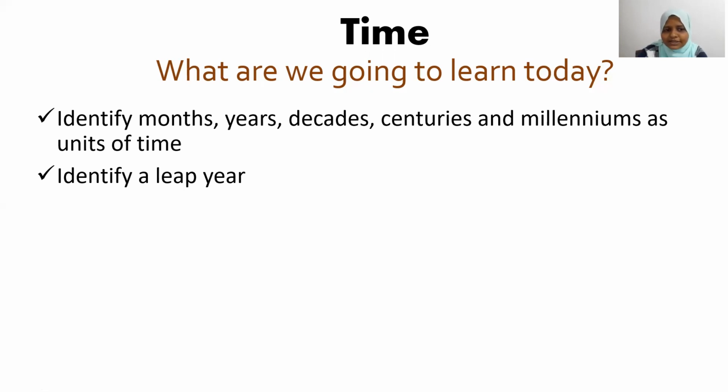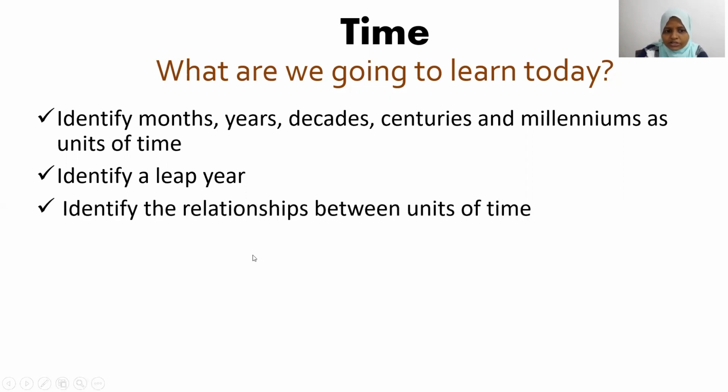Usually when it comes to months and years, we all know them. But today, in addition to that, we are going to learn what is a decade, what is a century, and what is a millennium. And also, we are going to talk about a leap year and the relationship between units of time, like seconds, minutes, and hours.